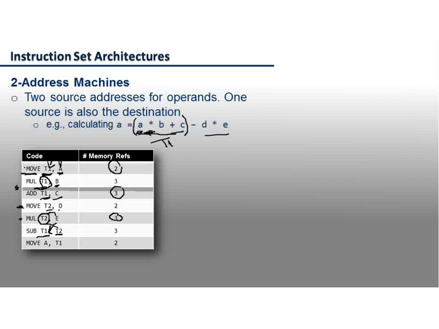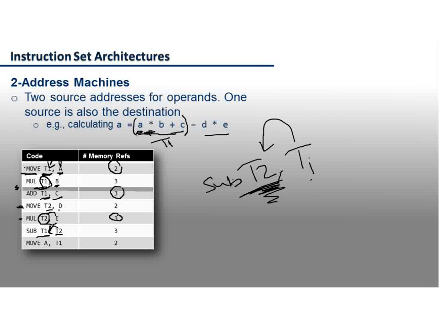So when we subtract T2 from T1, the result has to be stored in T1. If it was the opposite, if I say to you, for example, sub T2 T1, then obviously you subtract T1 from T2, but the result has to be stored in T2. Always the middle one is used for source and destination at the same time.